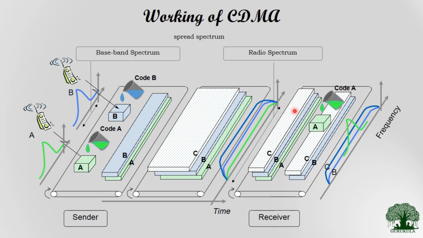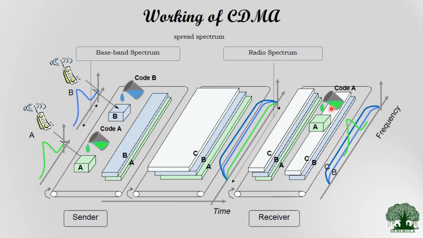At the receiver side, if I want to decrypt only the signals of user A, then I should use the same code that I used at the transmitter side. You can observe that at the transmitter side, the green code, that is code A, was used to multiply the signals generated by A. The same code has to be used at the receiver side as well.